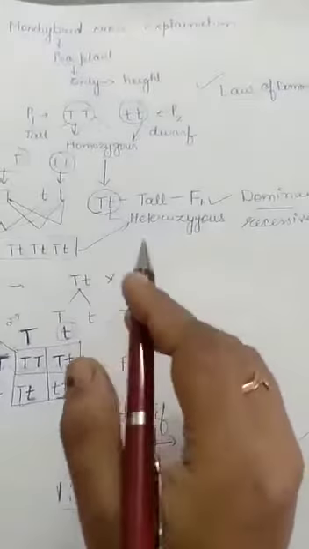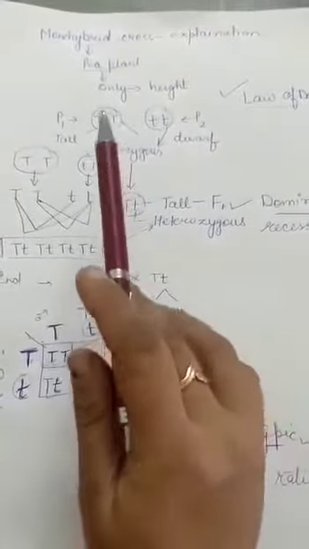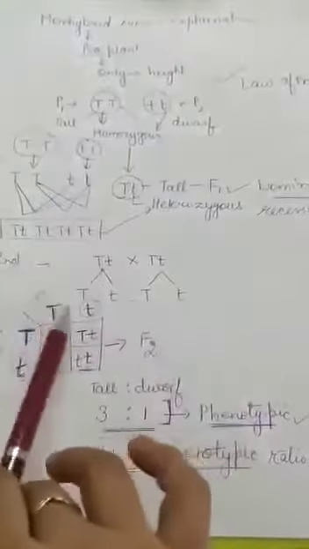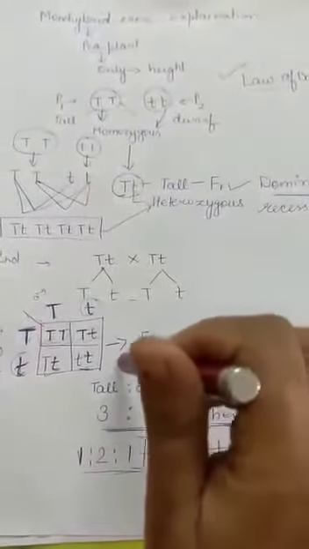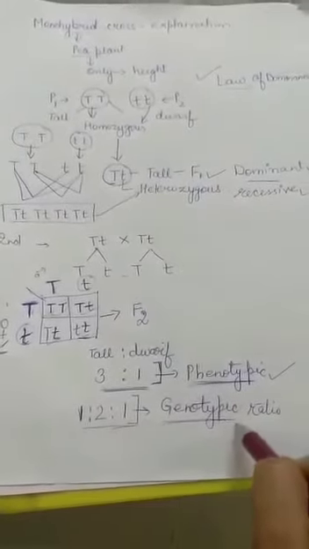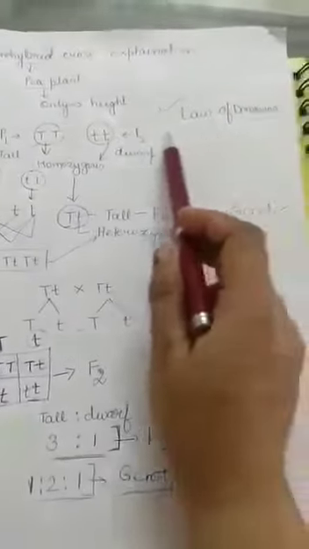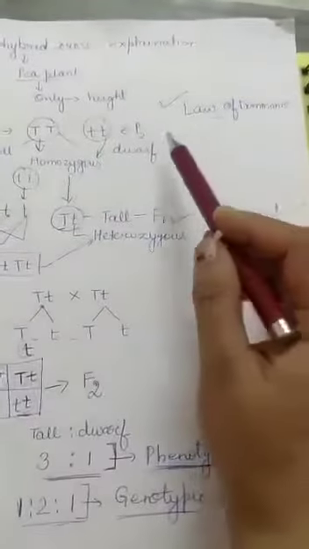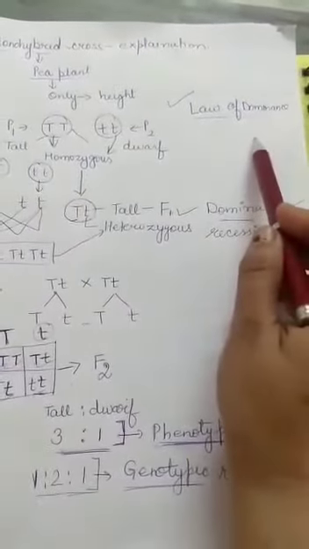And whenever such a question is there, you can always perform it in this way. You have to deduce the cross, write the phenotypic ratio, write the genotypic ratio, and then give the example and explain the law of dominance.